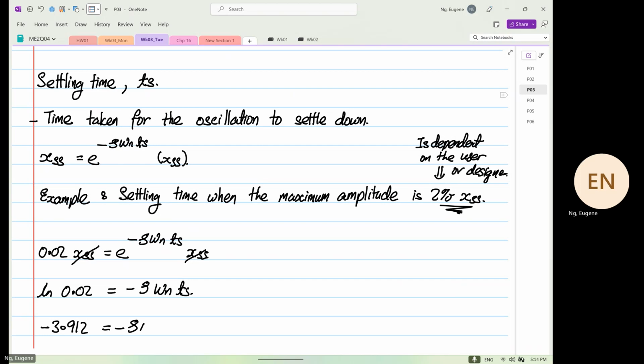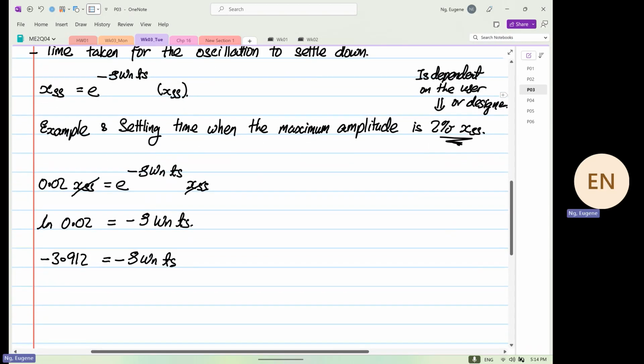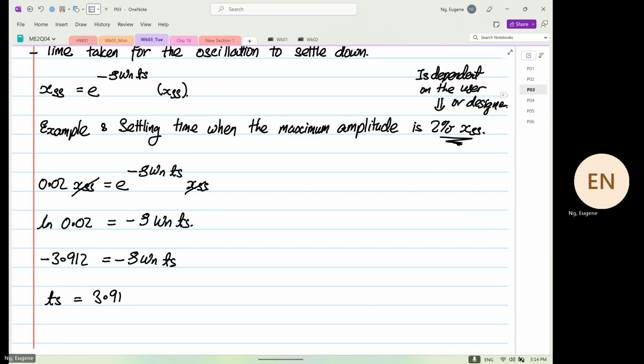So to get your Ts, Ts is equal to 3.912 divided by zeta omega n. So that is your settling time.